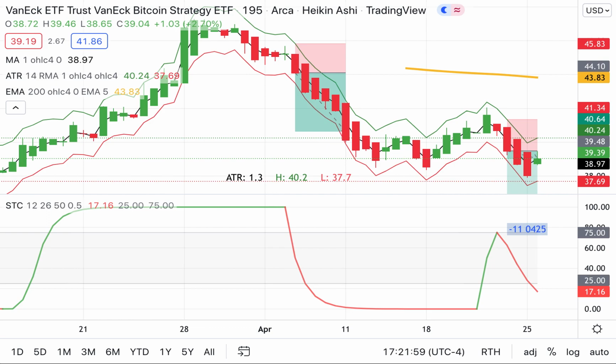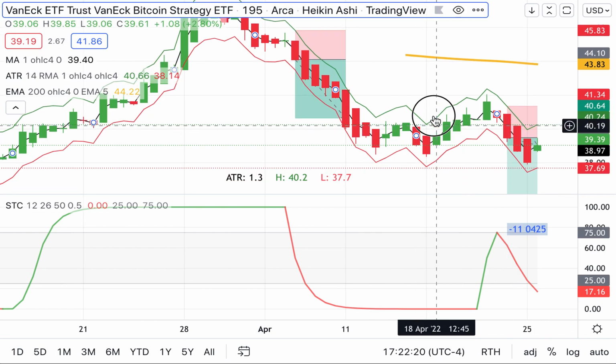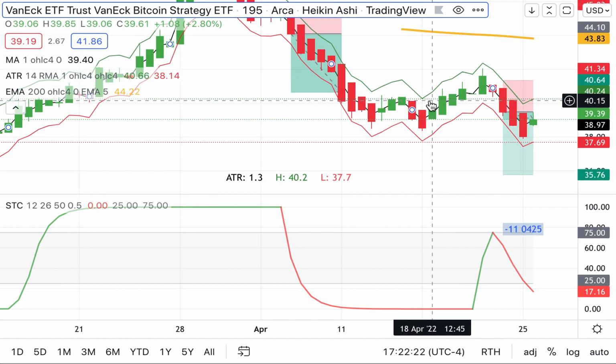We'll move on to Bitcoin. Of course, we are looking at the Van Eck Bitcoin Strategy ETF. This is an ETF future, and again, tracks pretty closely what's going on. And the nice thing that I like about this Bitcoin future is that it trades like an ETF because it is an ETF.